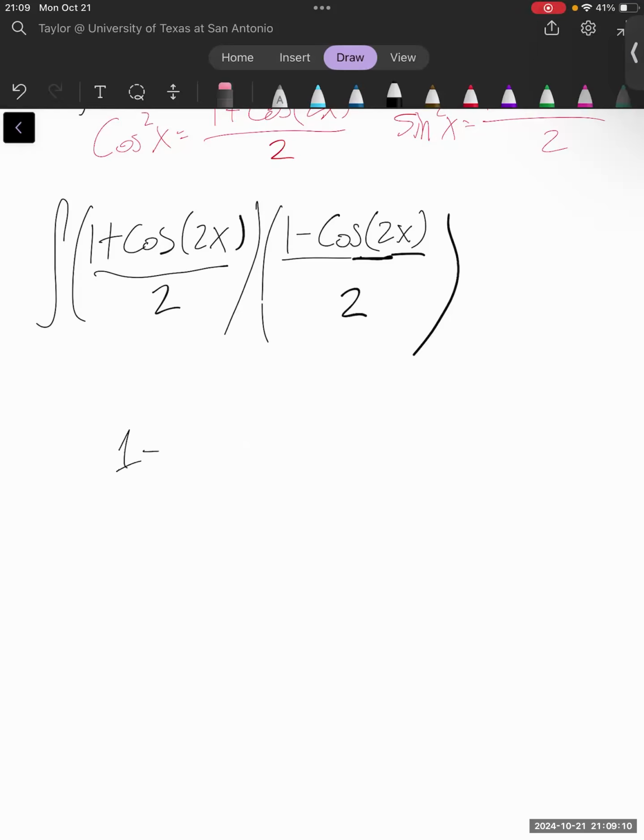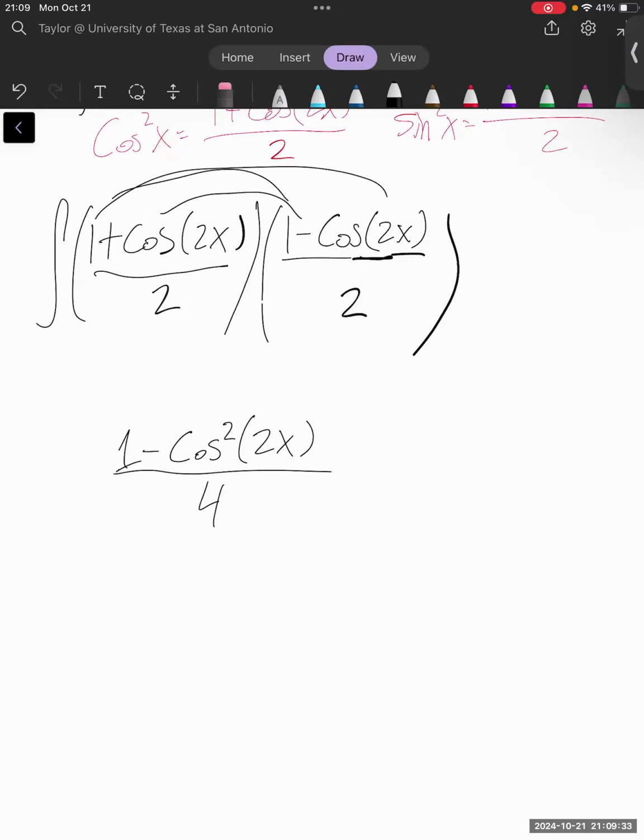Multiplying these expressions, this gives me (1 minus cosine squared 2x) over 4. This just comes from foiling here, here, here, and here.